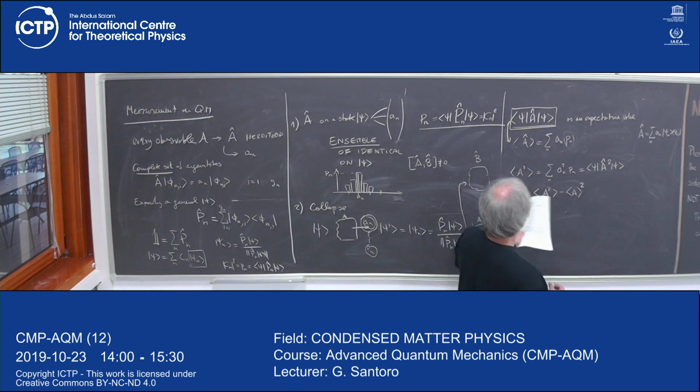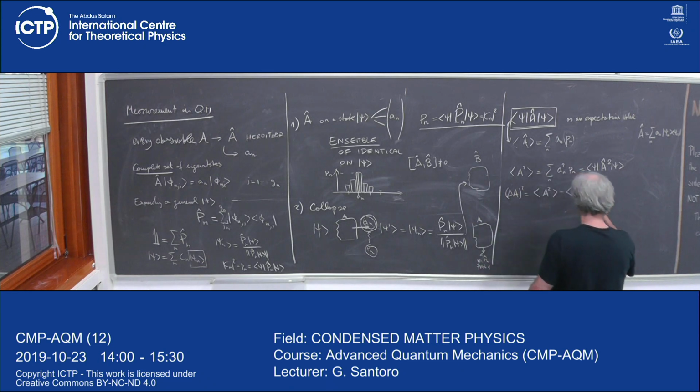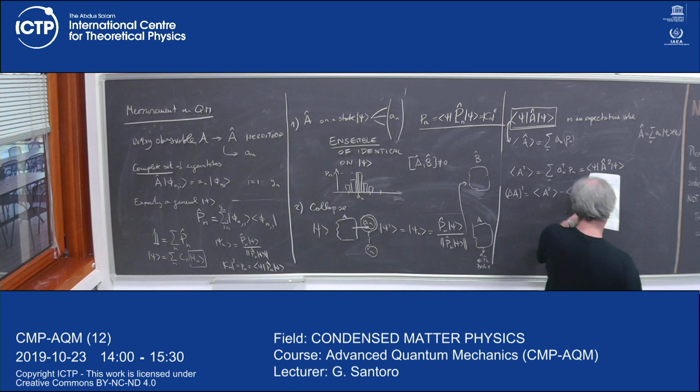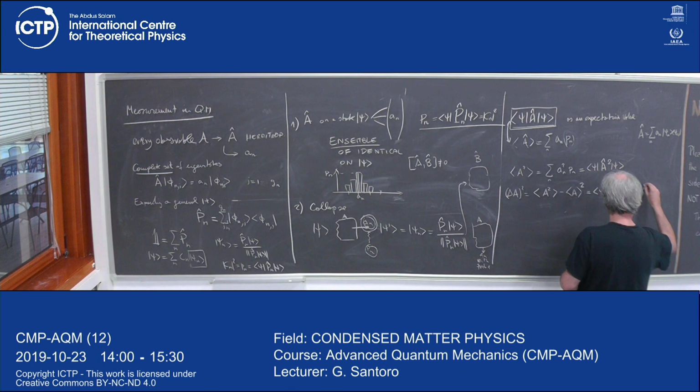Therefore, now I have a way to estimate the variance. The variance, which you know is positive, by the way, is simply equal to this funny thing. So ⟨psi|A squared|psi⟩ minus ⟨psi|A|psi⟩ squared.